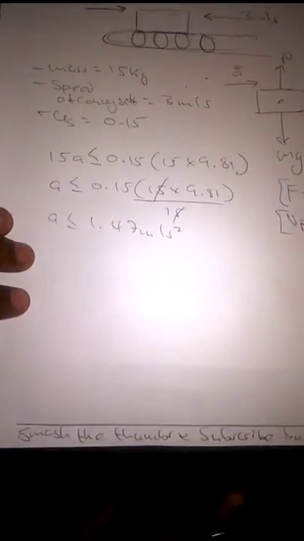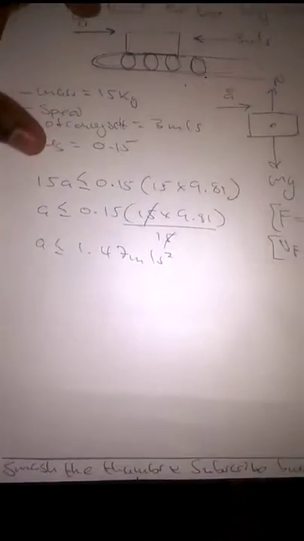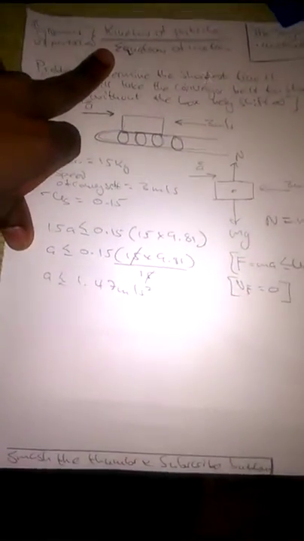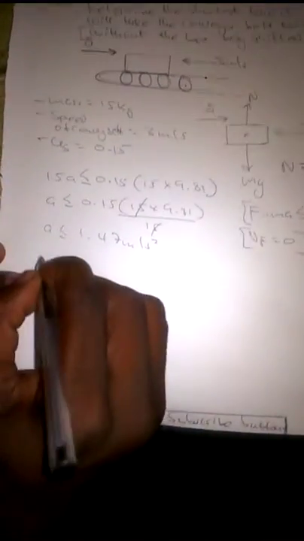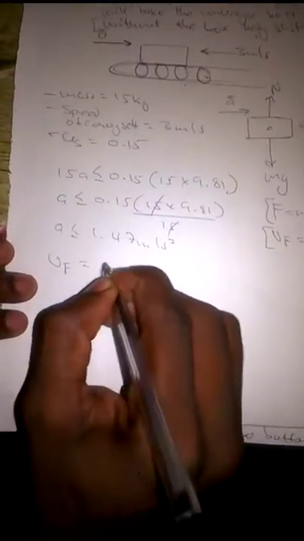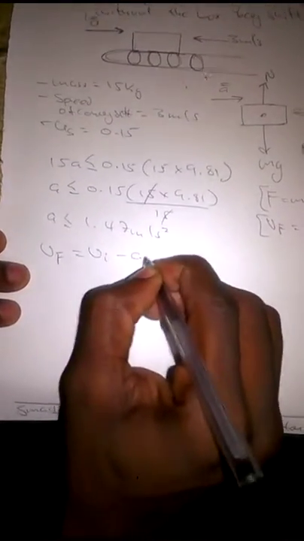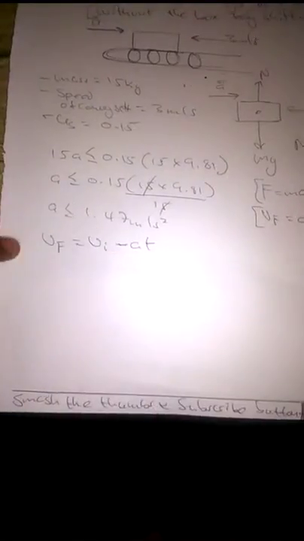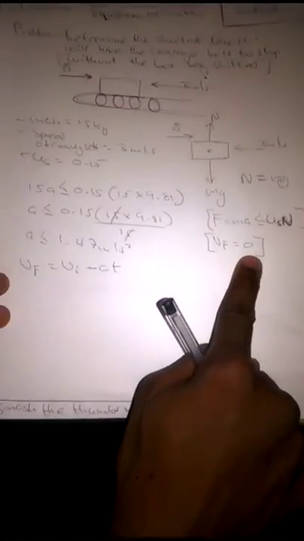So we're going to consider the equation of motion which relates speed, time, and acceleration. Obviously it will be Vf equals V initial minus at. Because it is deceleration, we have this negative sign. Our final velocity, we said, is 0.